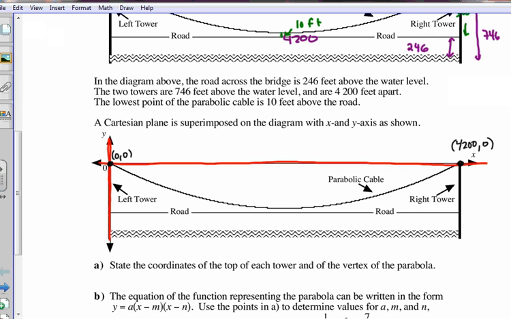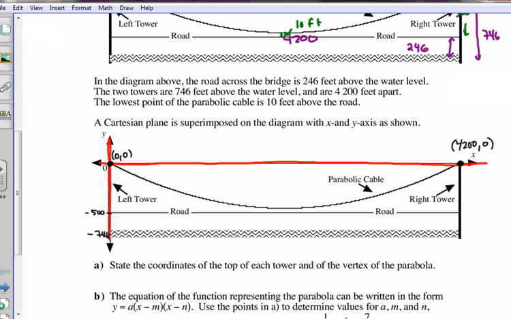So this here would be negative 500, right? And this below would be negative 746? No, it's 246 between the road and the water.